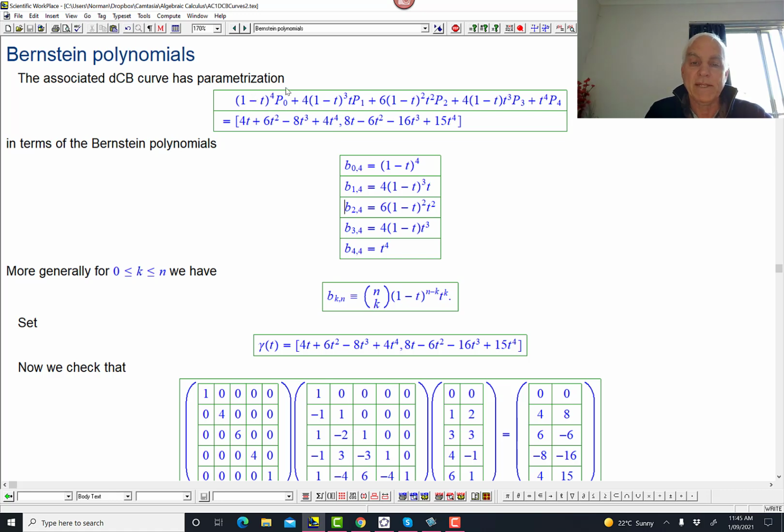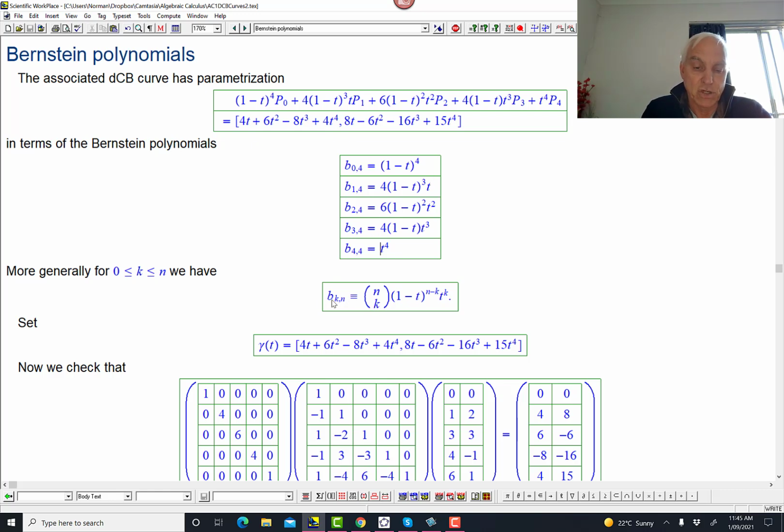So this is B0,4, this is B1,4, this is B2,4, this is B3,4, and this is B4,4. Notice that the binomial coefficients 1, 4, 6, 4, 1, which are the usual binomial coefficients associated with the number 4, are appearing here. Now, the general formula for these things is pretty easy to write down.